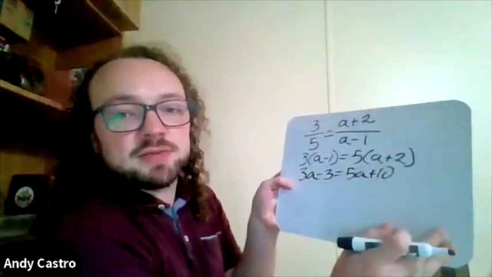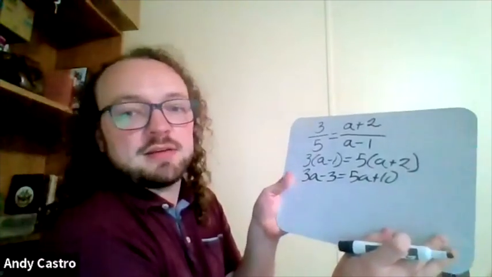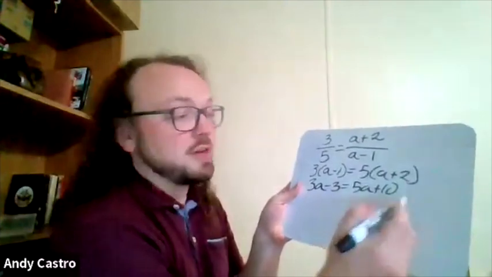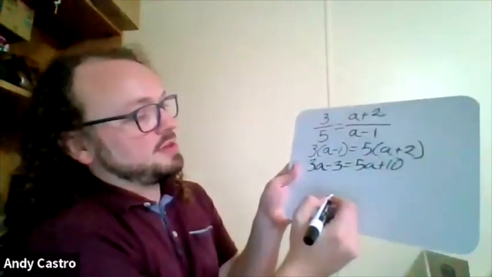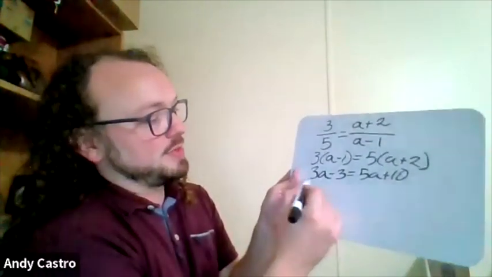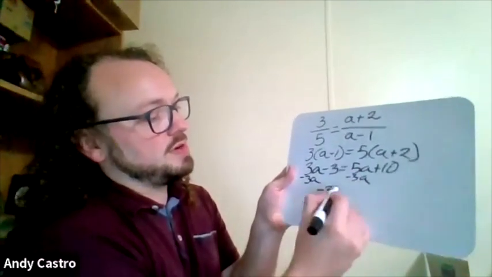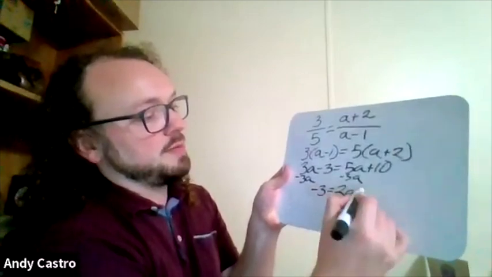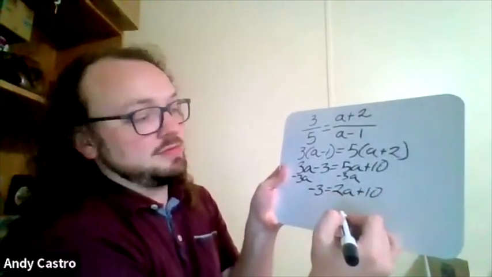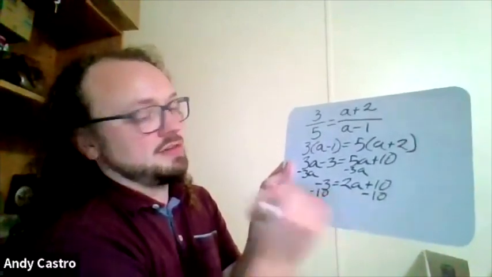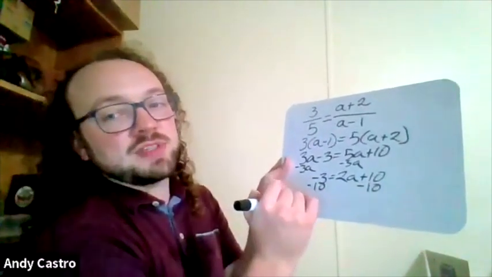Get 3a minus 3 and 5a plus 10. George, that is very close. I think you'll catch what happened here in a second. I'm going to subtract 3a from both sides. So I have -3 equals 2a plus 10. And then I have to subtract 10 from both sides.